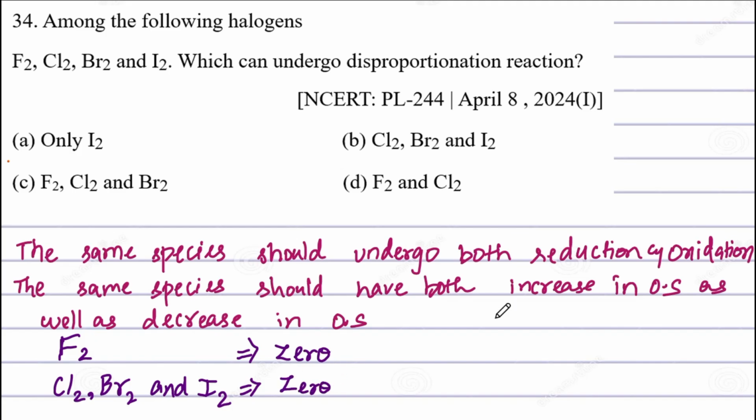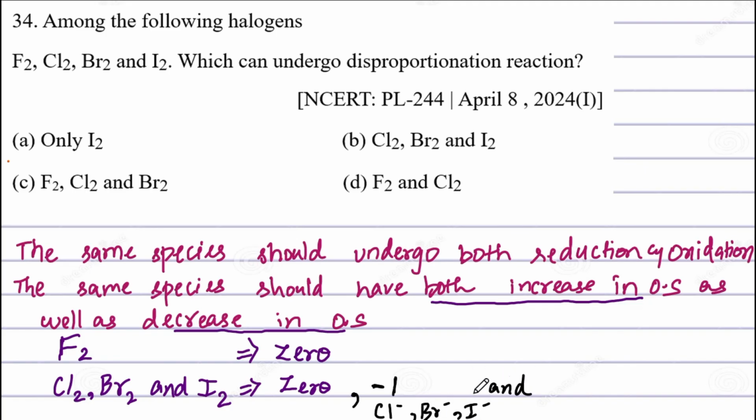Now from 0, it should show both an increase in oxidation state as well as a decrease in oxidation state. So Cl2, Br2 and I2 all show a decrease in oxidation state to -1 in their ions like Cl minus, Br minus and I minus, and they show an increase in oxidation state to +1, +3 and +7 also.